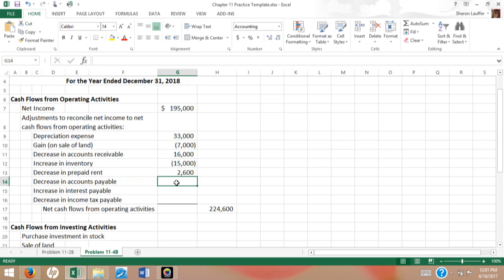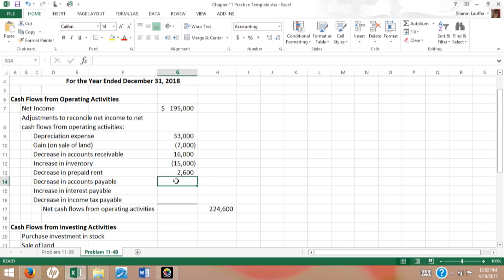A decrease in accounts payable. We're looking at our balance sheet still. We're going to look down in the liabilities and stockholders' equity section, and accounts payable went from $98,000 to $35,000, which is a $63,000 decrease.